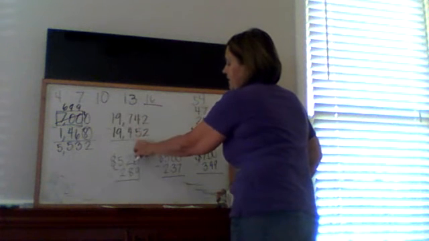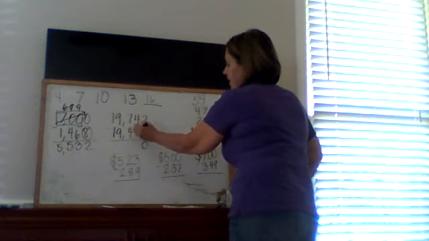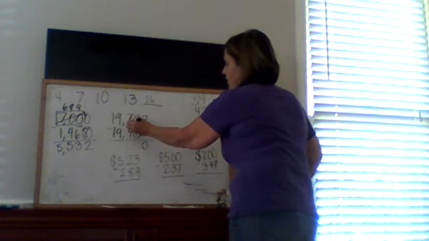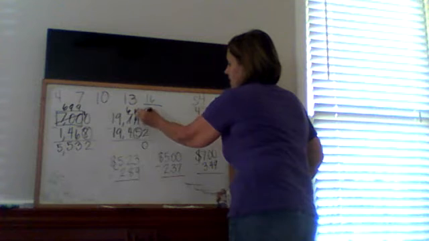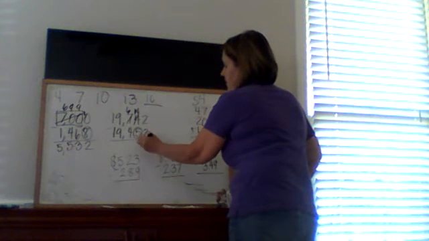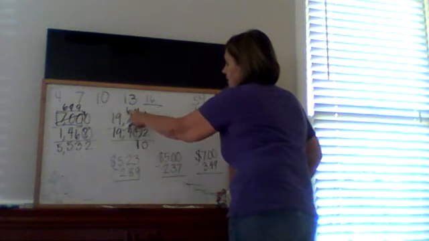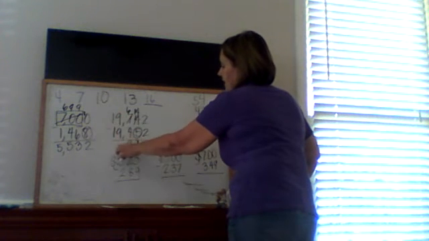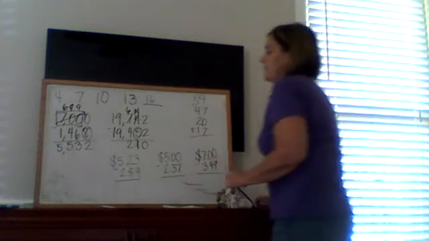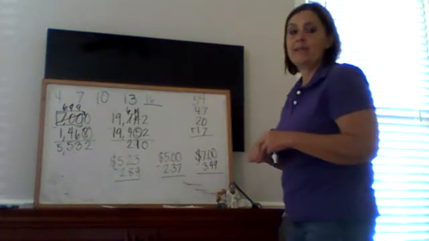Well, when I get to the tens column, the bottom is bigger, so I better borrow. I'm borrowing 100. And now I have 14 tens. 14 take away 5 is 9. 6 take away 4 is 2. 9 take away 9 is 0. 1 take away 1 is 0. I don't need those 0 placeholders, so my answer is 290.